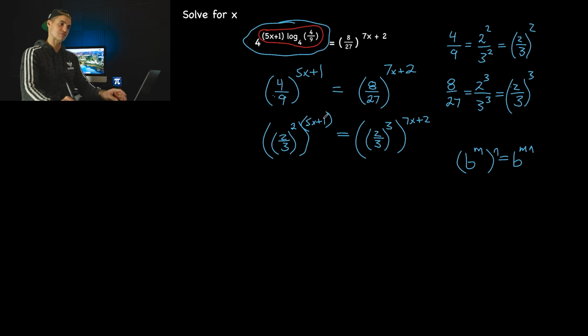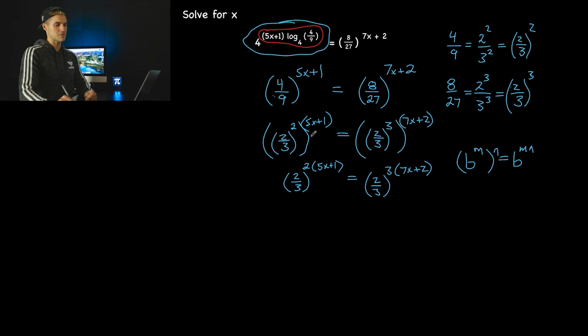This 2 and this 5x plus 1, you're going to multiply the 2 by that entire expression. Same thing here, the 3, you're going to multiply it by that entire 7x plus 2. So I could rewrite this as 2 over 3 exponent 2 bracket 5x plus 1, and over here, I can rewrite it as 2 over 3 exponent 3 bracket 7x plus 2.